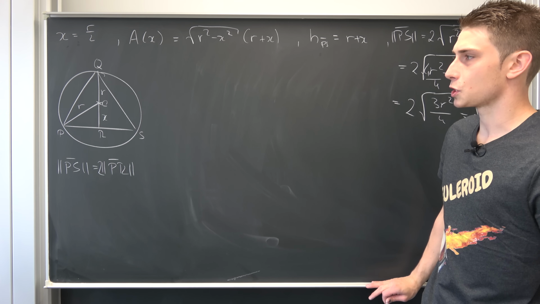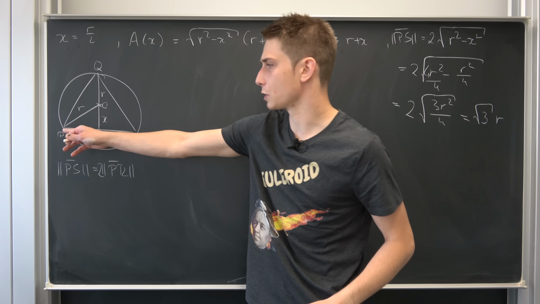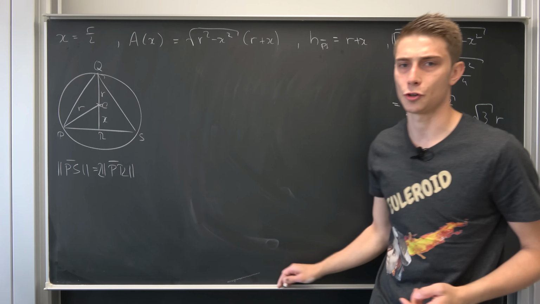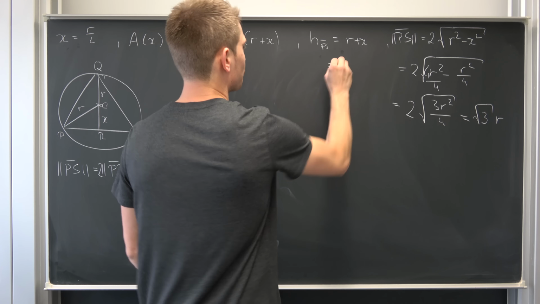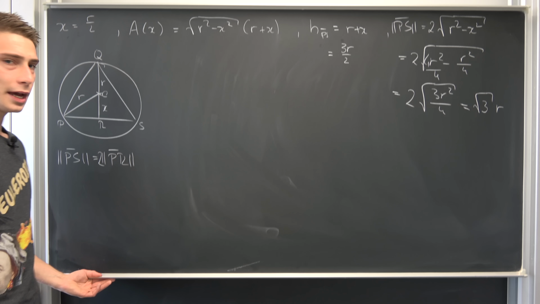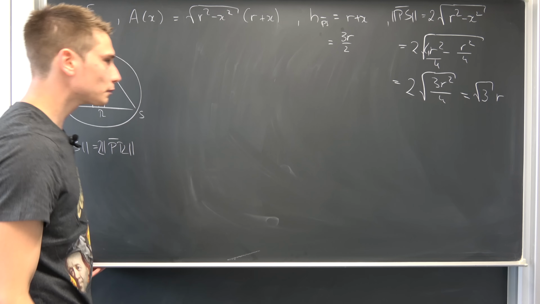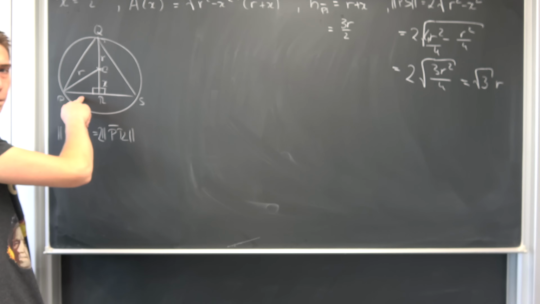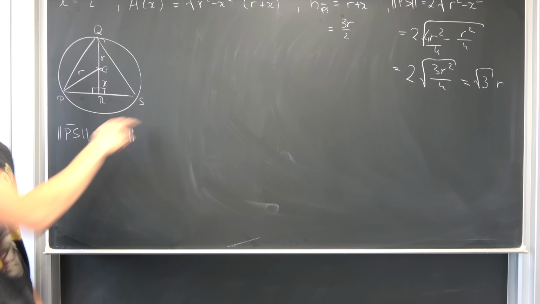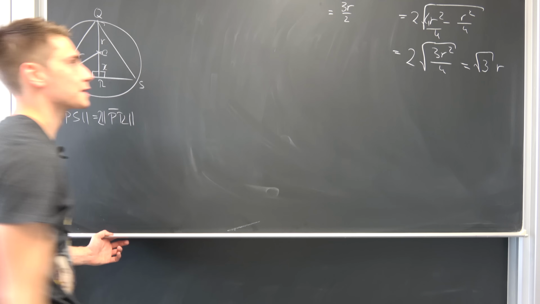And we still have to find out our h, because we would like to compute our side lengths PQ and QS. So, like I said, this is 3r over 2. And the good thing is, we are dealing with right triangles right here. And we also know what PR is, or RS. This is nothing but 1/2 times PS.